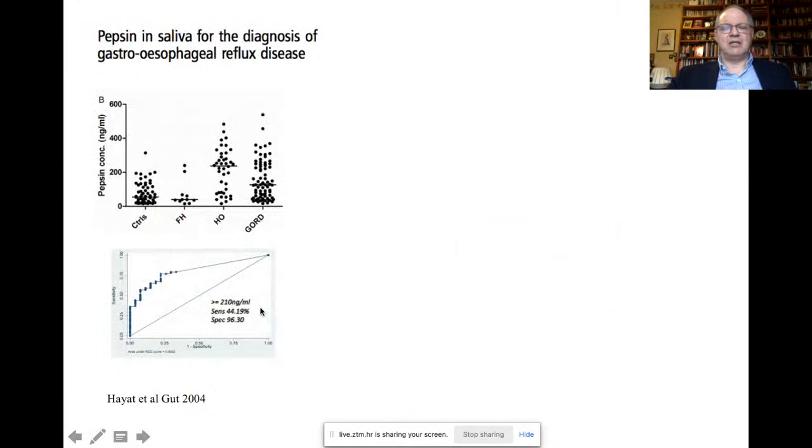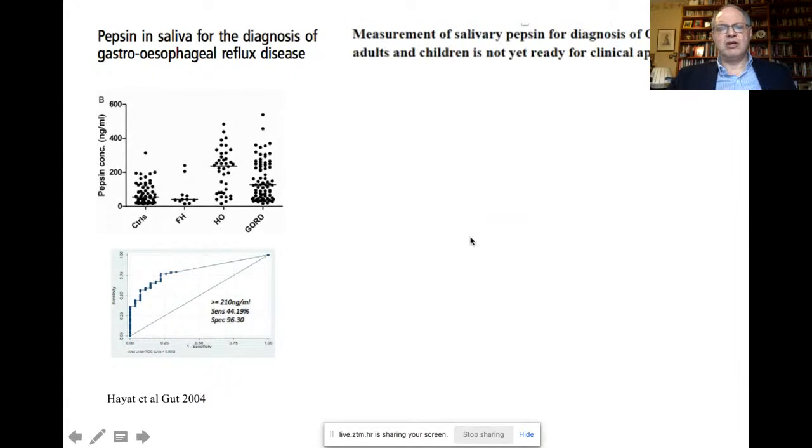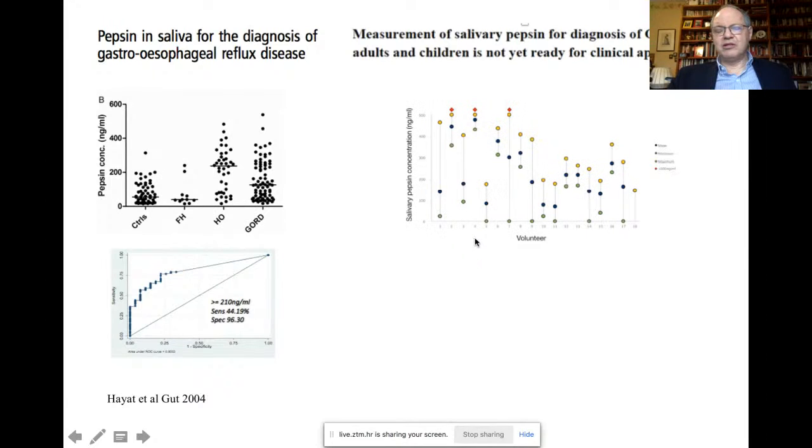What about pepsin? We studied pepsin in saliva a few years ago, and in our first studies, we found this technique very interesting, with a low sensitivity but a good specificity for reflux diagnosis. Unfortunately, when we tried to reproduce these results years later, we couldn't.